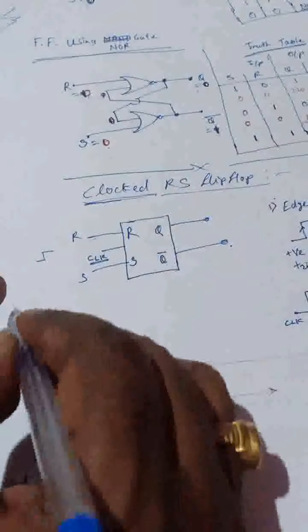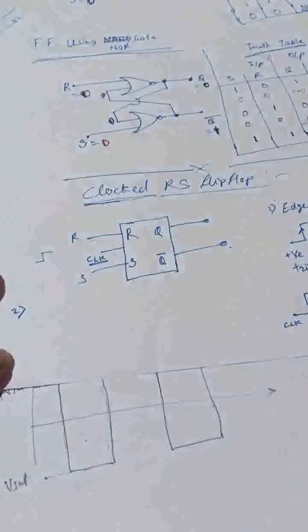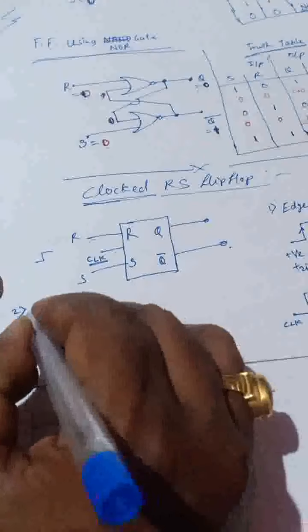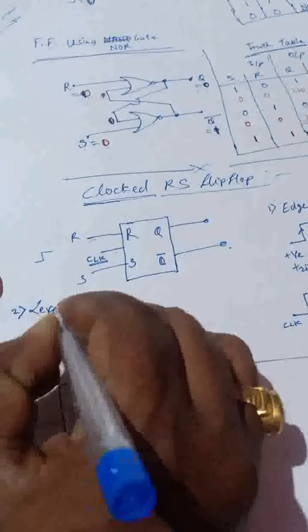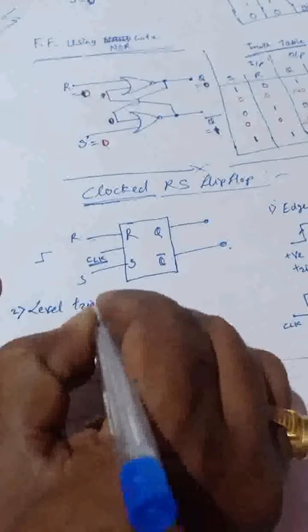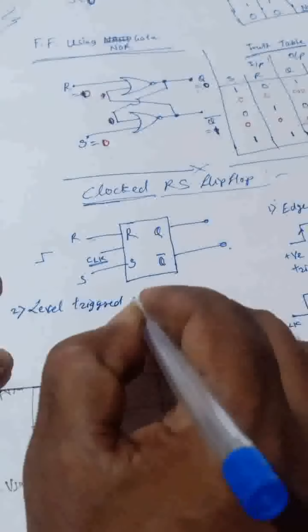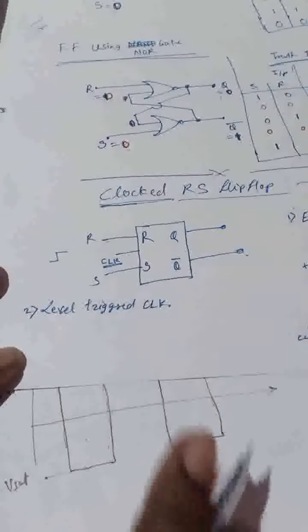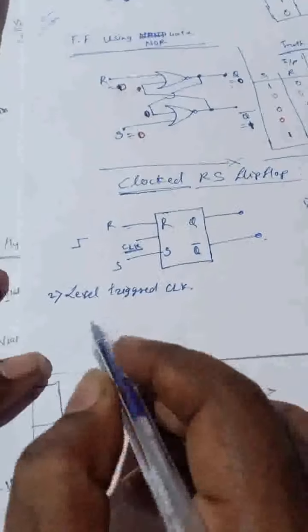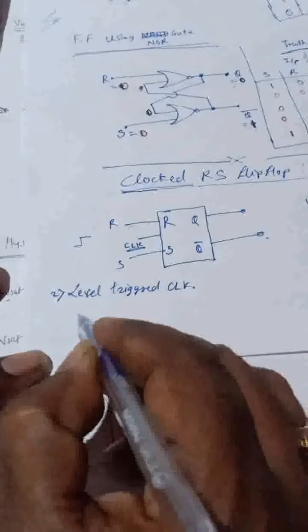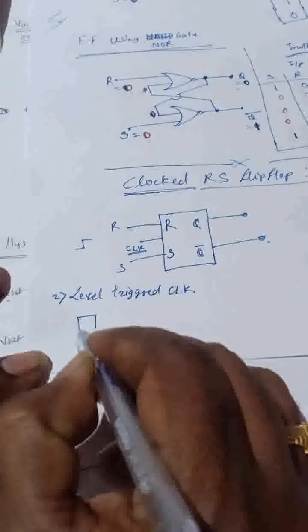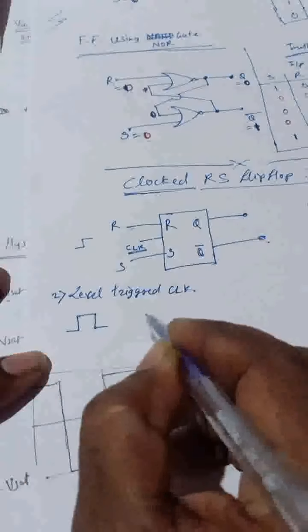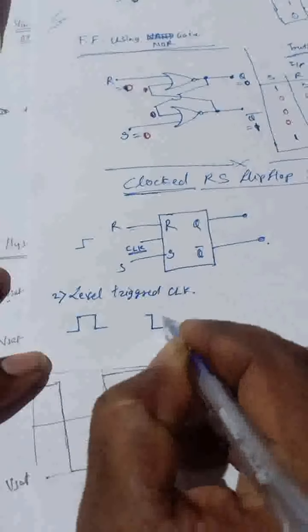Another type is the level triggered clock. Level triggered means it is triggered with a level, high level or low level.